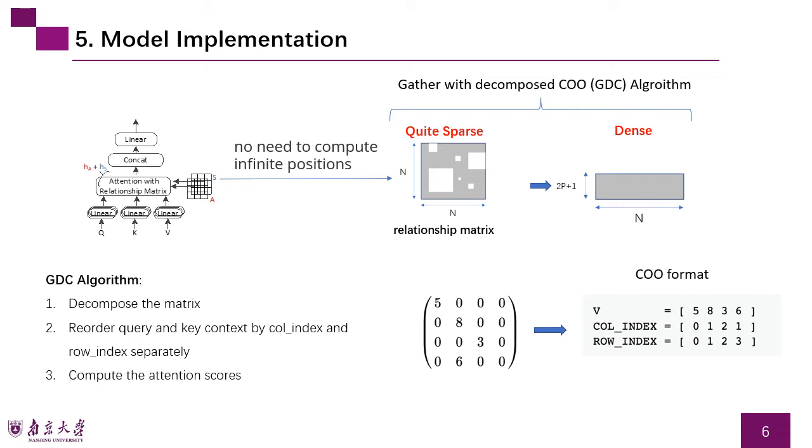In other words, the relationship matrix can be treated as a sparse matrix, and we propose an algorithm called GDC to do self-attention more efficiently. There are three steps in GDC. First, we decompose the matrix and use the COO format to represent the decomposed matrix. Secondly, we use the column index to reorder the query context and use the row index to reorder the key context. After that, we can compute the attention scores.